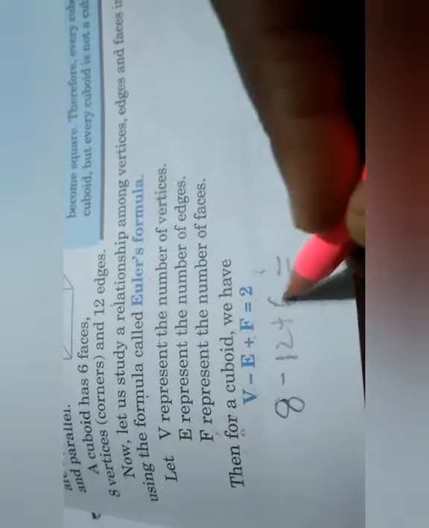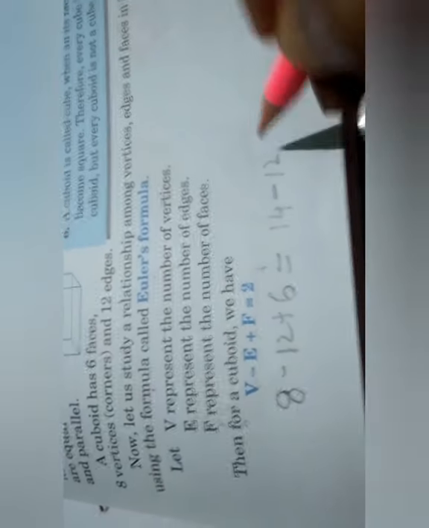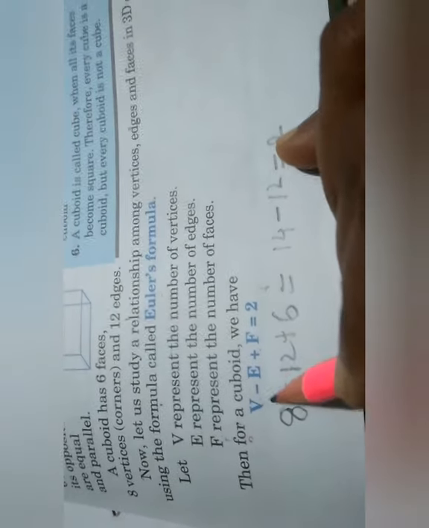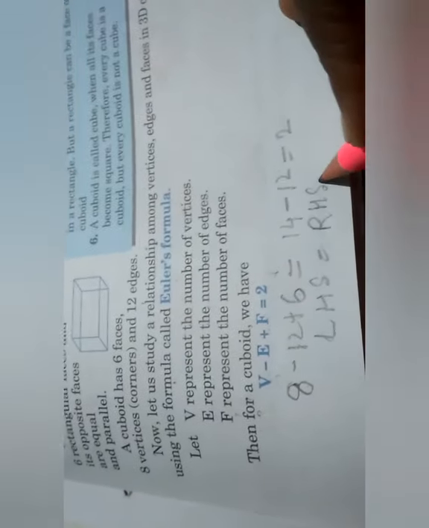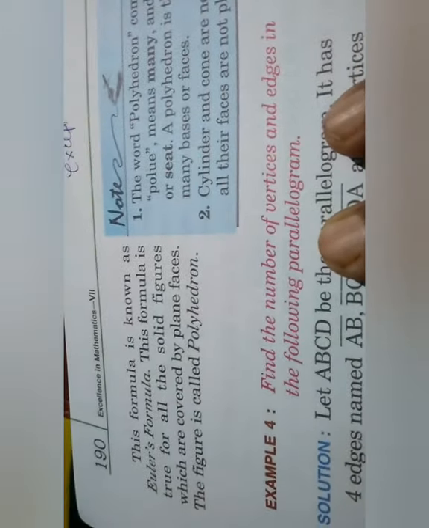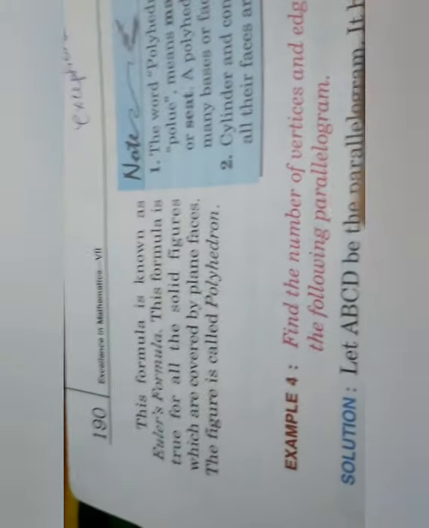If we calculate it, 6 plus 8 is equal to 14, minus 12 is equal to 2. So you can see that V minus E plus F is equal to 2. That means LHS is equal to RHS. Hence, it is verified. So this formula is known as Euler's formula.